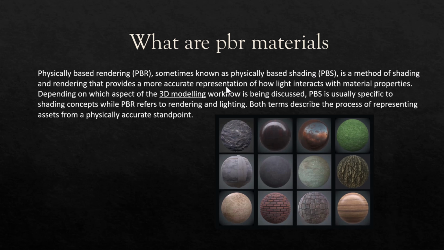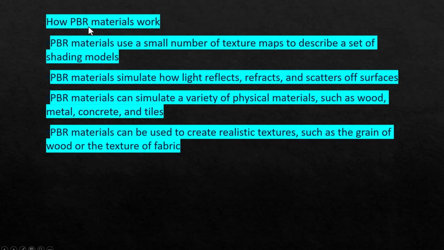Whether you are working in Revit, 3ds Max, SketchUp or any other software, that's why physically based materials are important. If you move to the next slide, you can see how PBR materials work. PBR materials use a small number of texture maps to describe a set of shading models. I will show you one example.